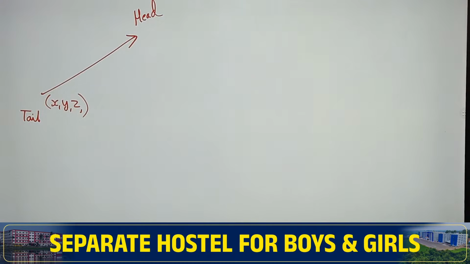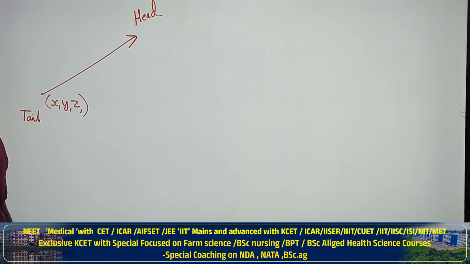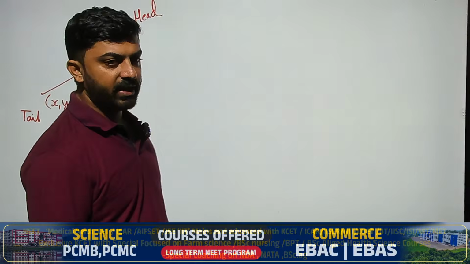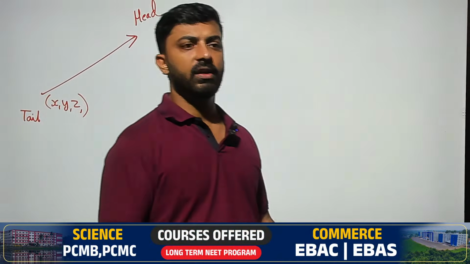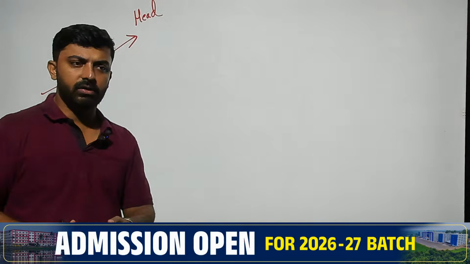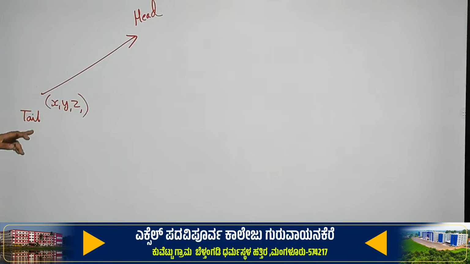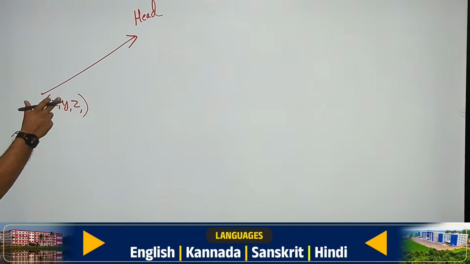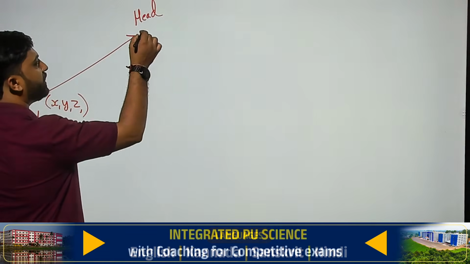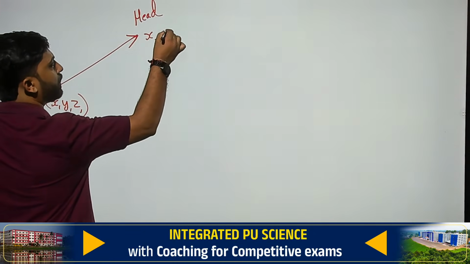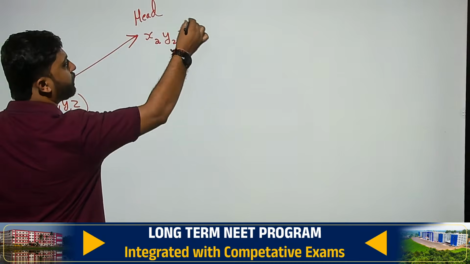For plotting some graph, we need coordinates, right? How many coordinates are there? There are 3 coordinates: x axis, y axis, and z axis. X coordinate, y coordinate, and z coordinate, right? Here the coordinate is x1, y1, z1, and at this point the coordinate is x2, y2, z2.